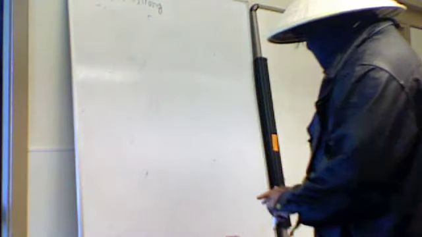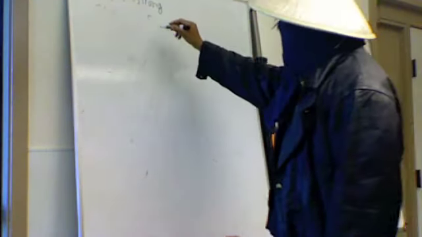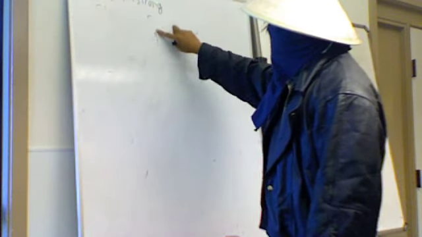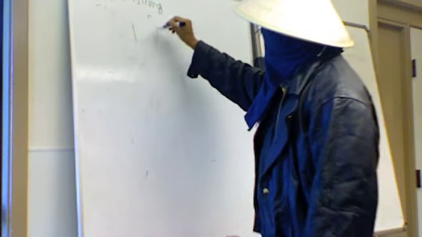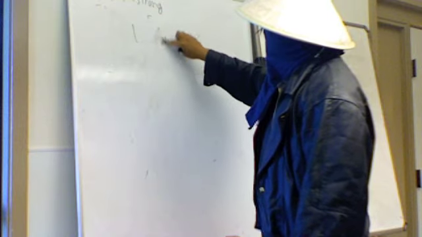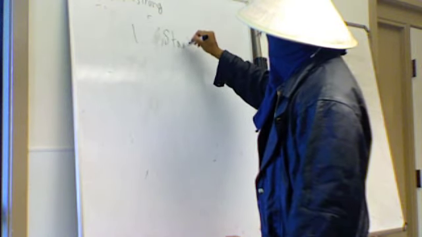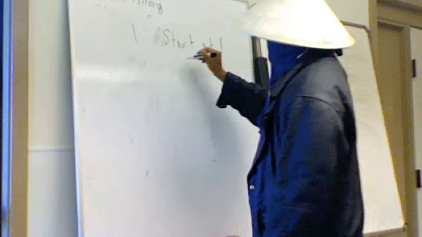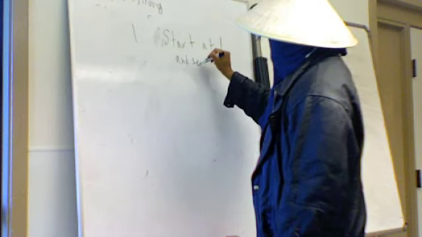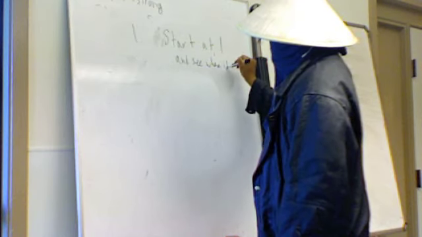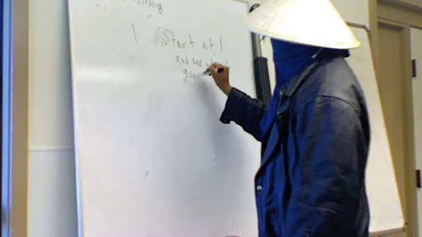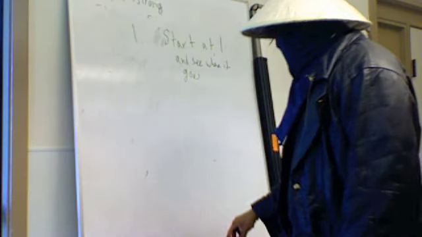So, rigorously, we write down the first element. We start out at 1 and see where it goes. That's the first thing you do. You start at 1, you see where it goes.